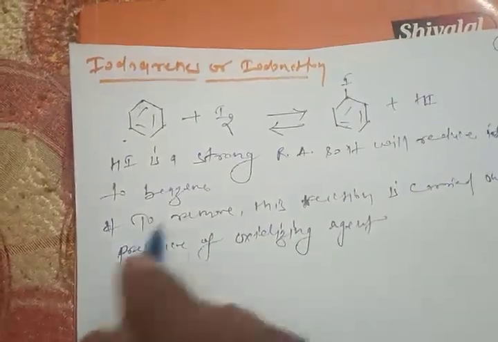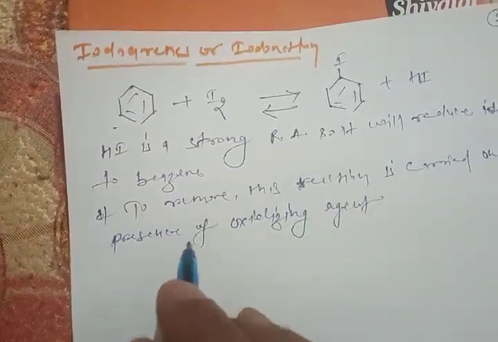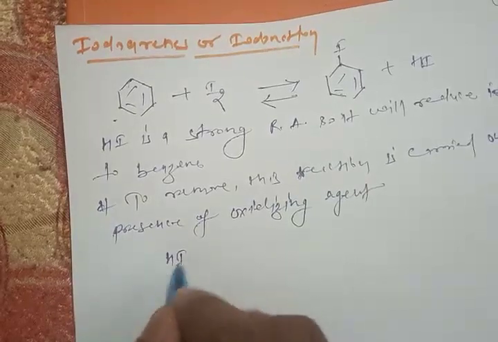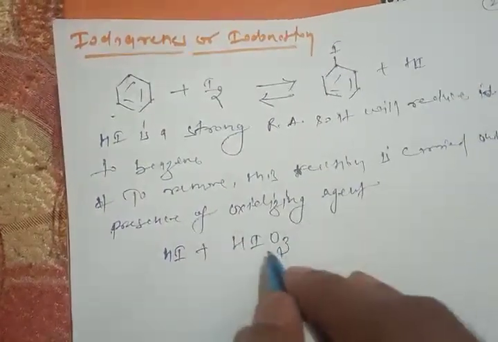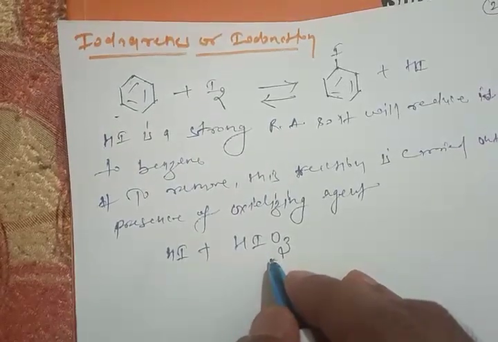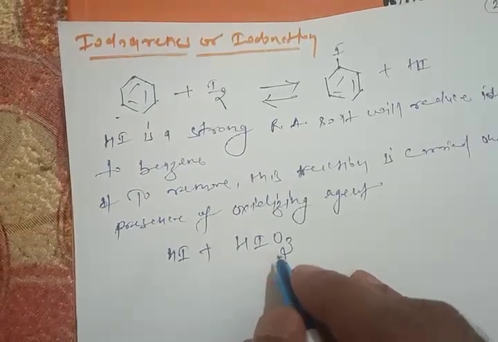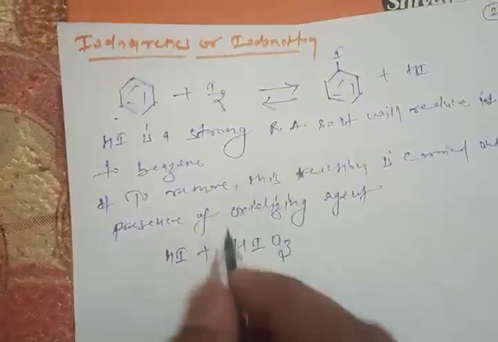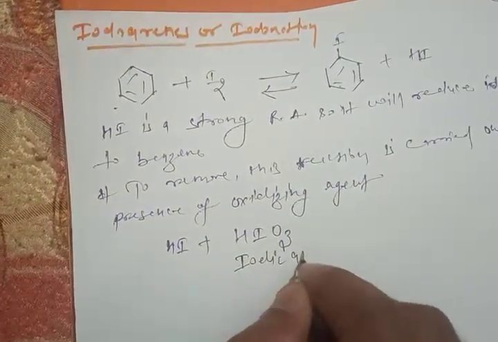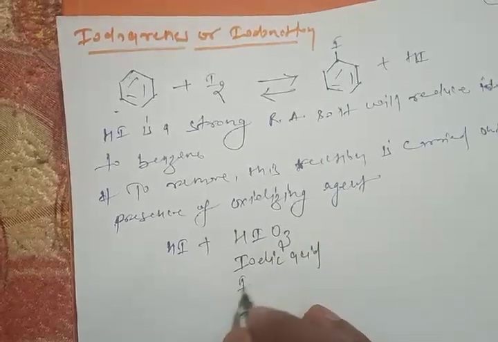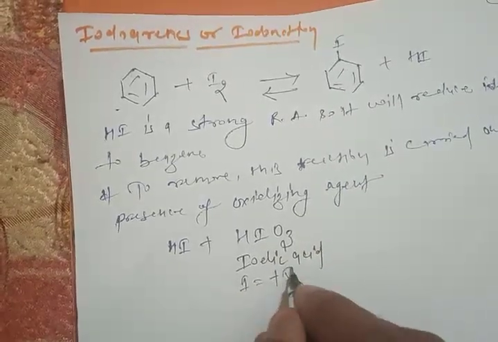So first we take an oxidizing agent, HI plus HIO3. This is called periodic acid. No, this is not periodic, this is iodic acid. Here iodine is in the +5 oxidation state.